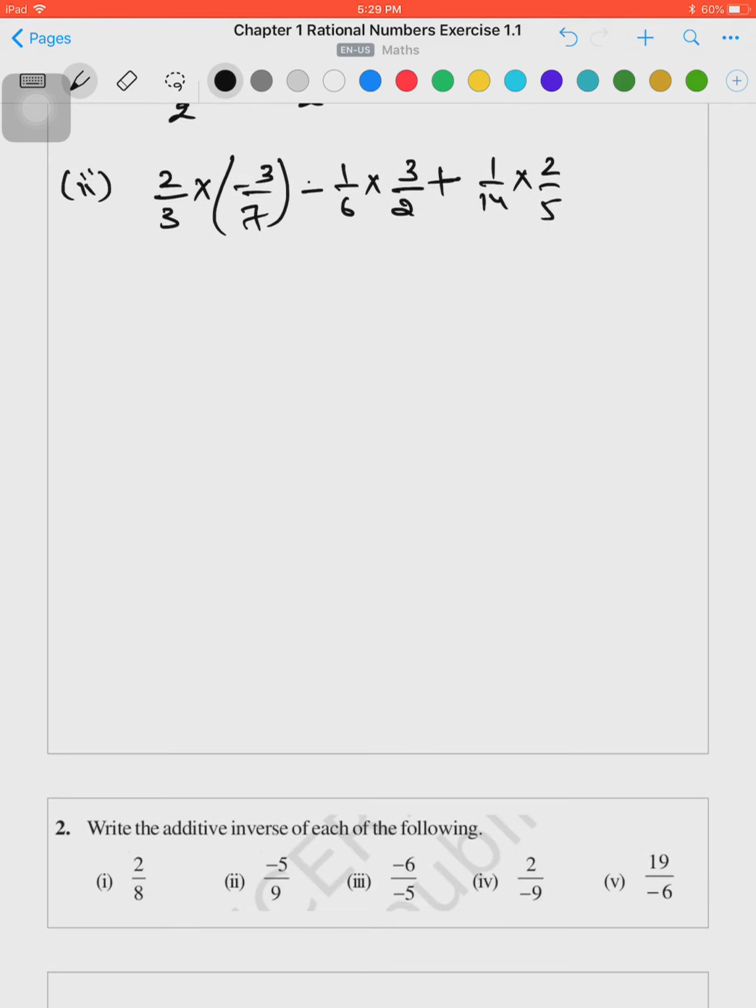Okay, first the terms which have a multiplication sign, we will enclose those terms inside the bracket like this.